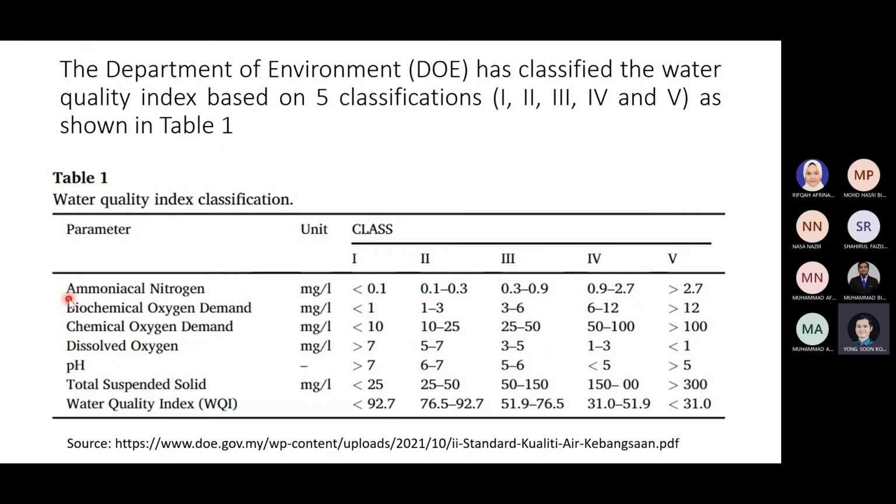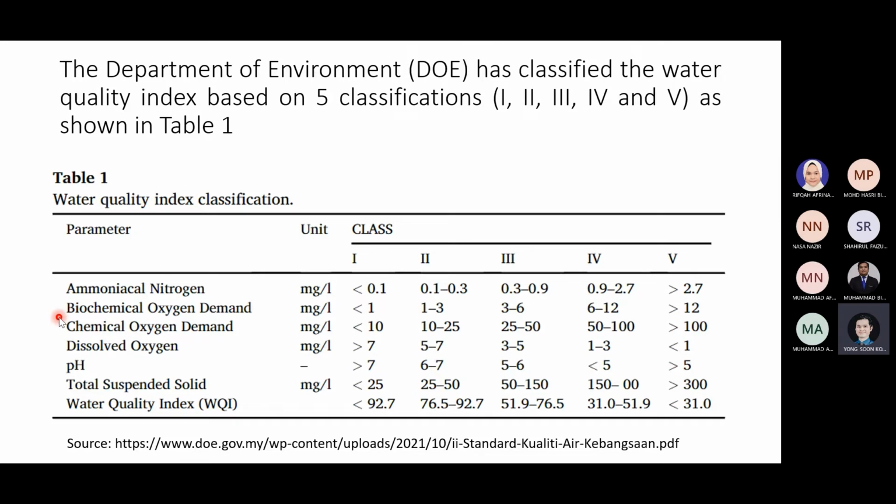You can see that we don't actually determine all the water parameters, only a selected few. For example, ammoniacal nitrogen. They determine how much ammonia is in the river water, the dissolved one. And then the next one, biochemical oxygen demand, as well as chemical oxygen demand. Now these two look and sound similar, but they are not exactly the same.